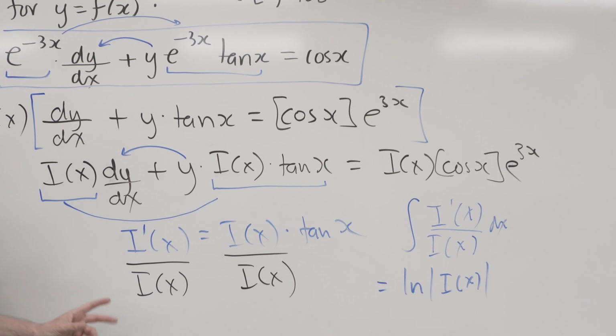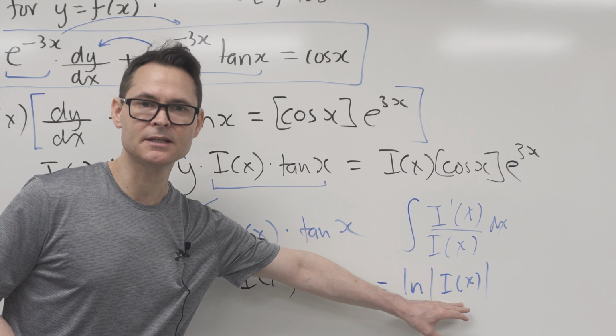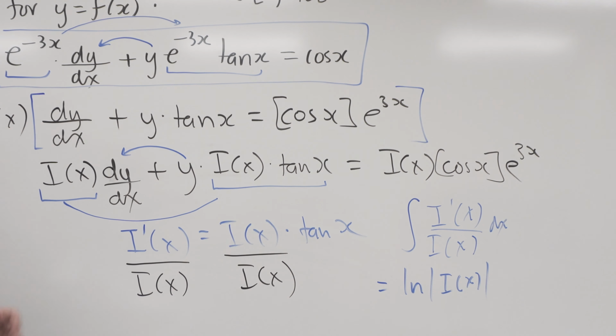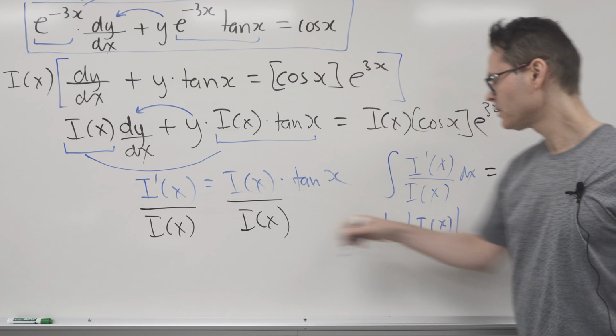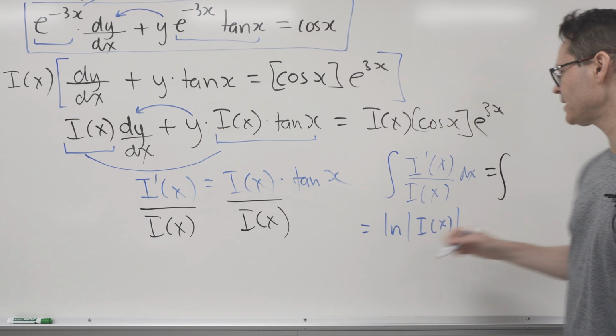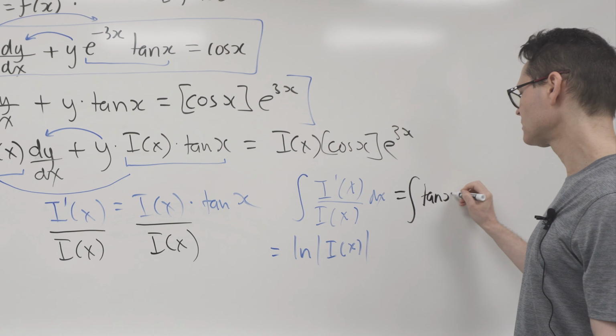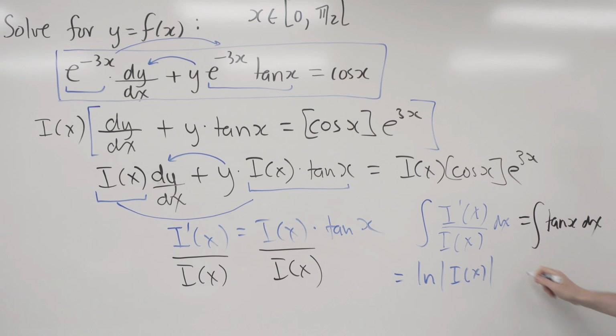Well, that's useful because now I've completely isolated I. And again, don't forget you have to do that to both sides. So what I'm going to do is set that equal to the integral of tan x dx. So on this side here, I'd like to know the integral of tan x.